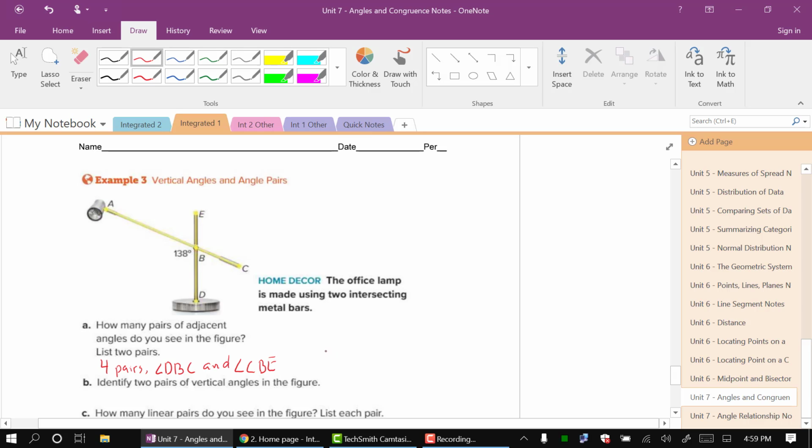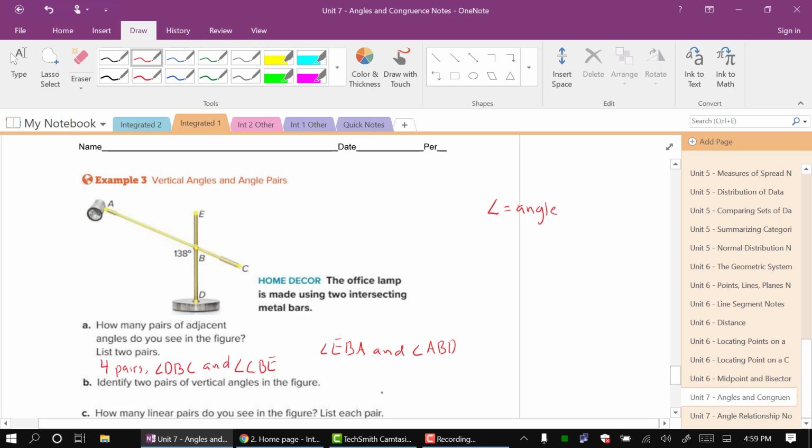Another pair would be angle EBA. So adjacent to that would be angle ABD. So this little symbol that I keep doing, just in case you're wondering, is angle. It's just a short way of saying angle.